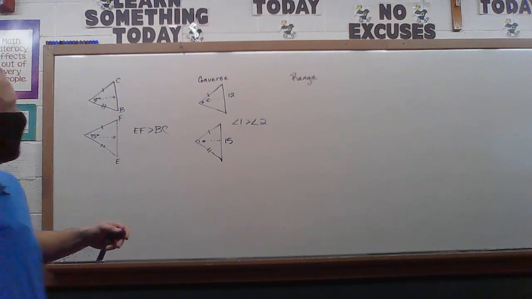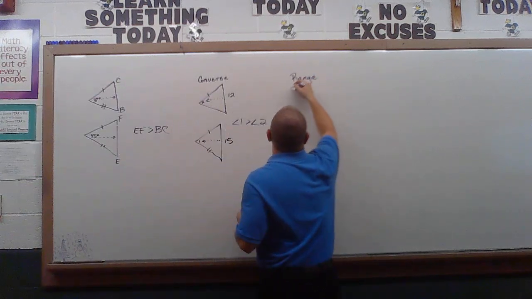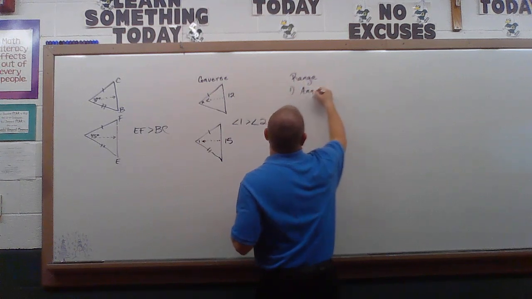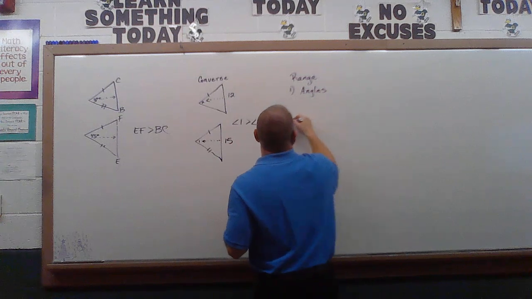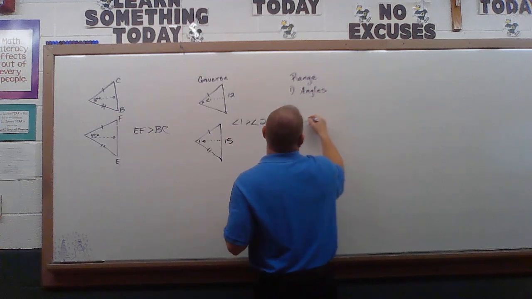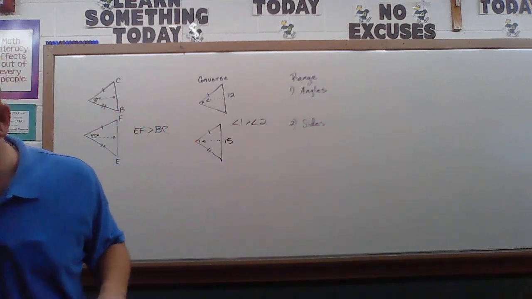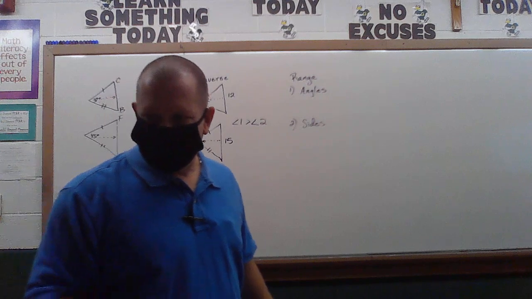The biggest and the smallest, okay? So we either have the range that is talking about the angles, or we have the range that is talking about the sides. Remember all this that we wrote down? You should have all this written down, right? Okay?